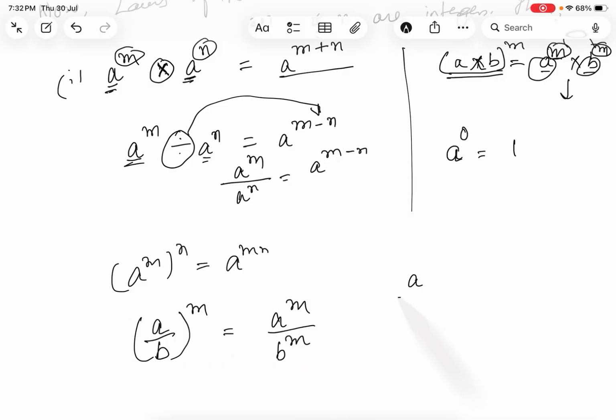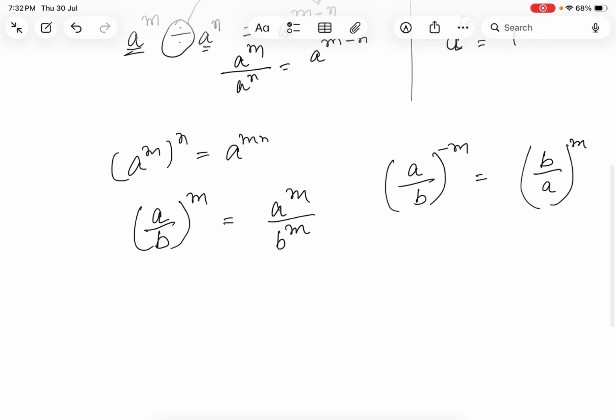And when you have a upon b to the power of minus m, then you simply reverse the division: b upon a whole raised to the power of m, so the minus can be written as plus.